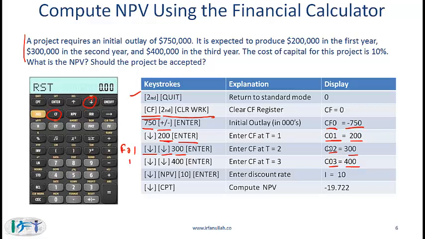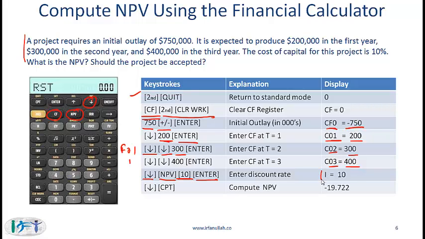Once you have entered all the cash flows, then you need to specify the interest rate, and you do that by hitting the down arrow again and then hitting the NPV button, which is over here, and then you enter 10, which is the interest rate, and enter.